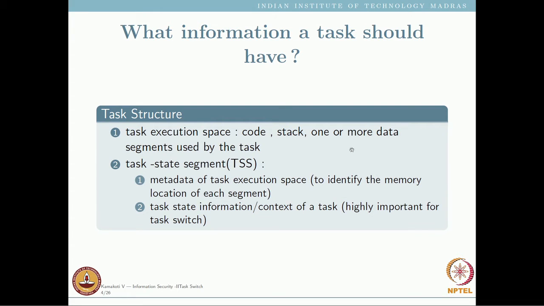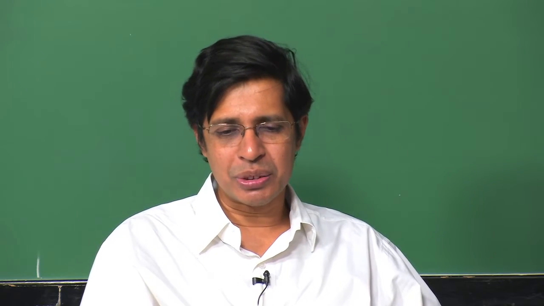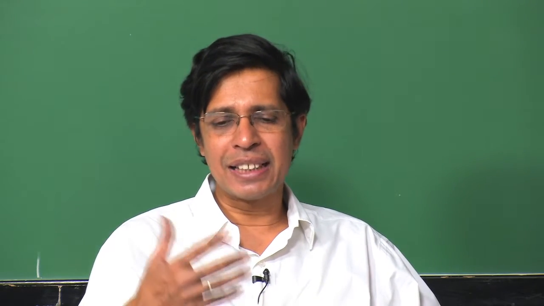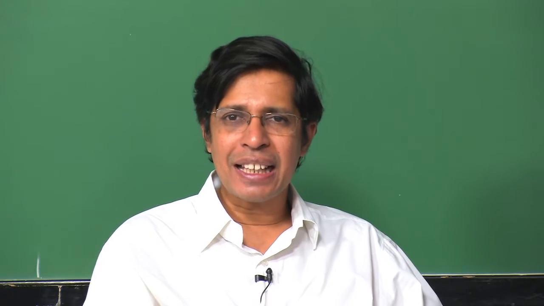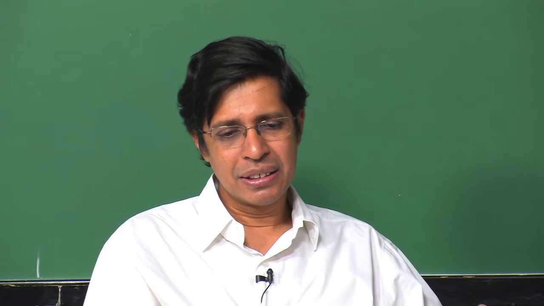Now what is inside a task? A task has an execution space. What do you mean by an execution space? Space means some amount of memory in which I carry out my execution. The memory basically has code, it has stack, and it has one or more data segments that are used by the task.